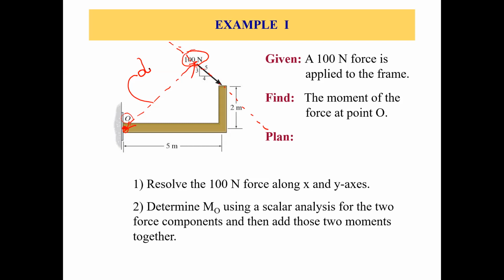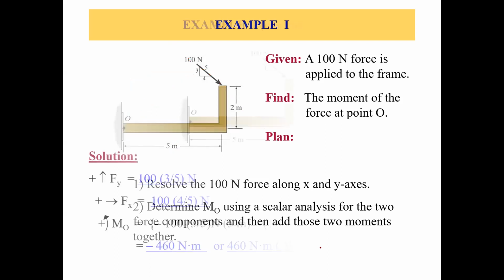But in fact, we don't have this distance. As we discussed earlier, if we don't have this distance, then what do we do? So now, we are given these distances, so let's resolve this force into two components, x component and y component, and let's see if we can find out the moment from there.